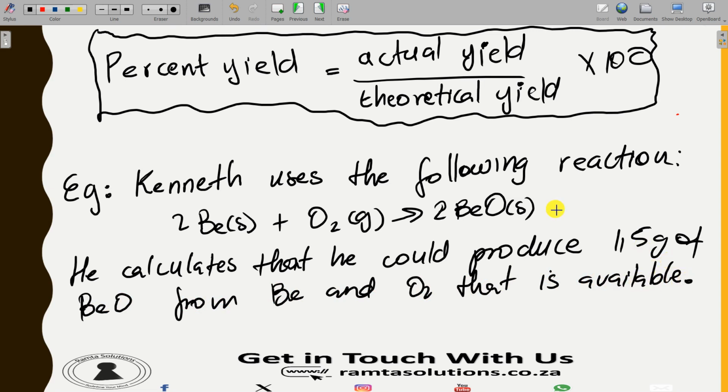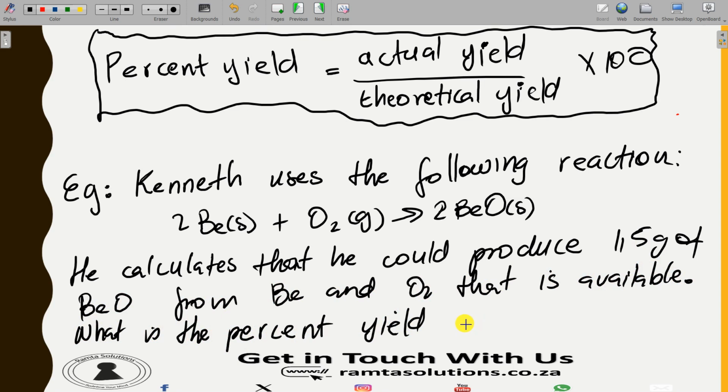Okay, now the question is, what is the percent yield?